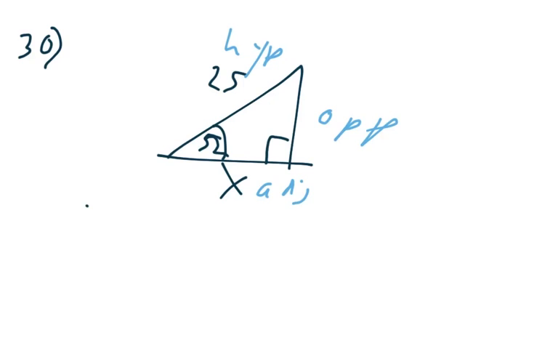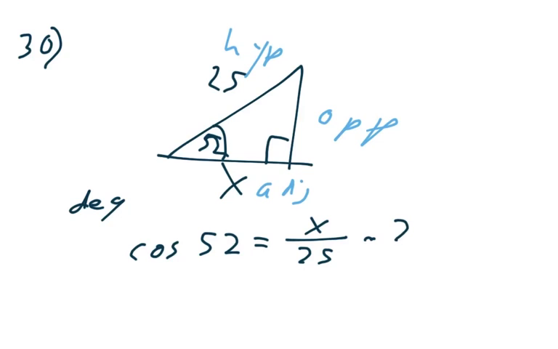And we are still in degrees, so I'm going to use the cosine of 52 equals x over 25. When I multiply both sides by 25, I find out that x is equal to 15.4.